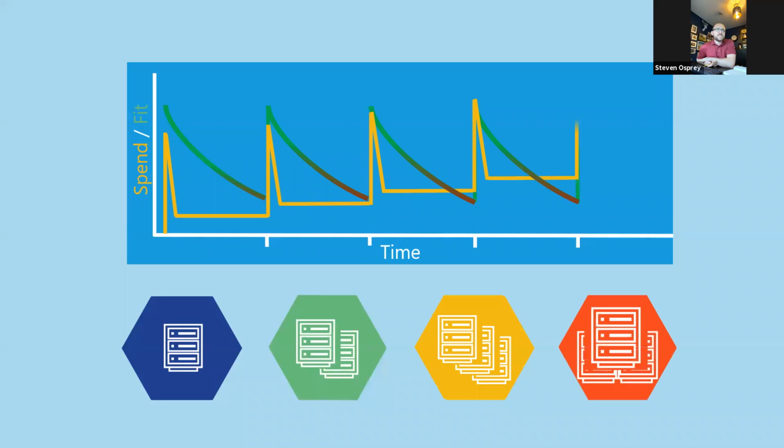If you wind back 15 years ago, this was pretty much the spend-to-business-fit chart back then. What I mean by that is the yellow line in spend represents money spent over time. So traditionally, you would have had to purchase a bunch of hardware, a bunch of servers, some consultancy time, and a business system.